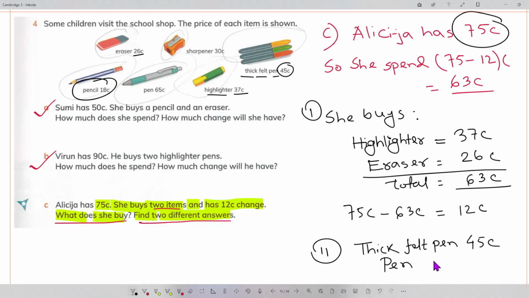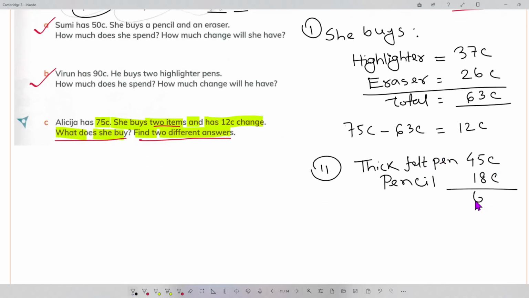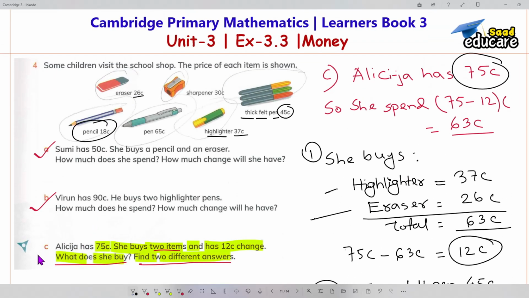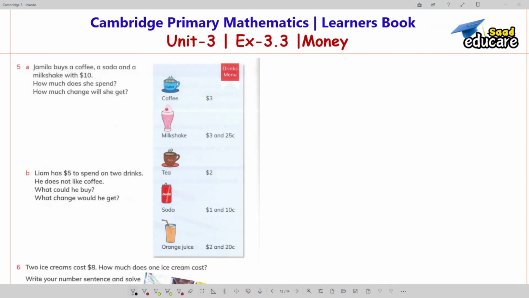Here the sum is also 63 cent. So she can buy a highlighter and an eraser, or she can buy a thick felt pen and a pencil. In both cases the answer will be 63, and after change she will have 12 cent. I hope this is clear. It's very interesting math. Next question is also very interesting.